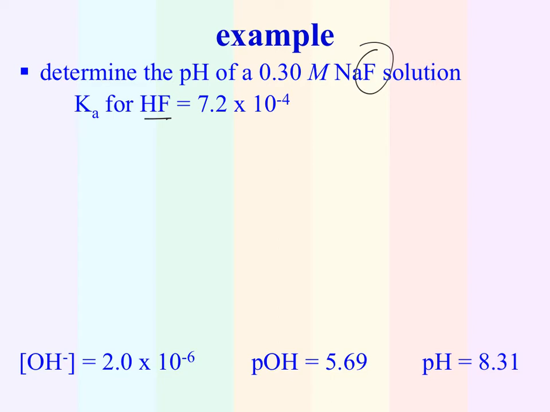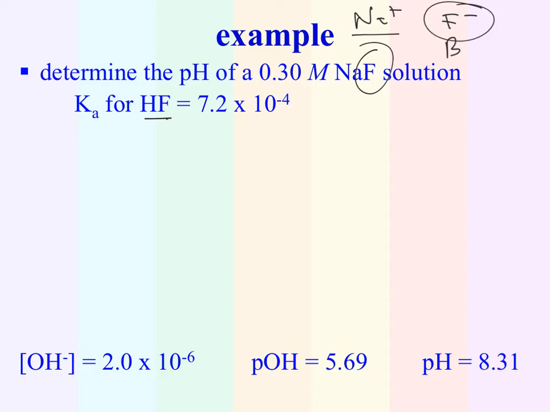Well, the first thing we need to do is decide who's actually going to be affecting our pH. We know Na plus is obviously not going to affect the pH because it's sourced from a strong base. But our F minus is from a weak acid, so we know that it's going to be affecting pH. This is actually a base in solution.